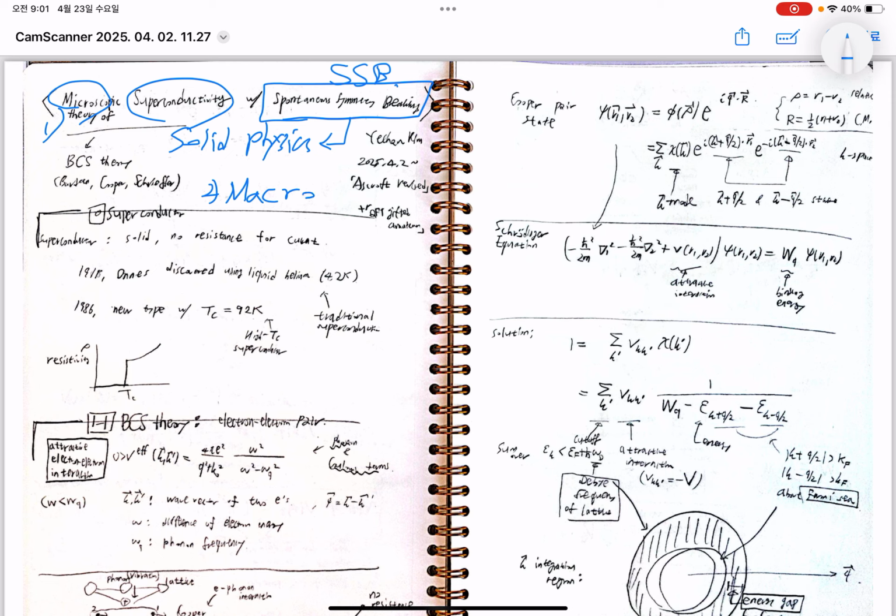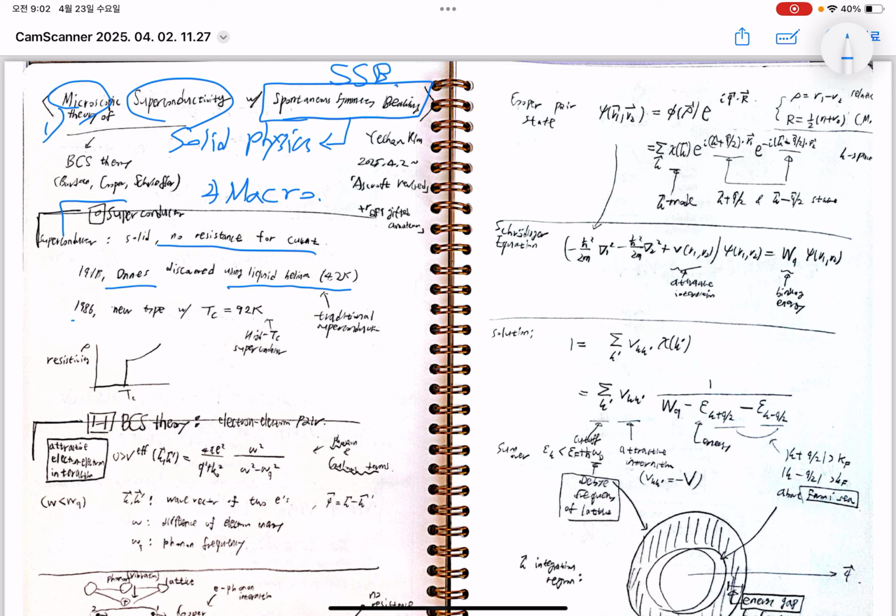First of all, a superconductor is a solid which has no resistance for the current. This was discovered by Onnes by using liquid helium at a low temperature of 4.2 Kelvin. This is called the traditional superconductor.